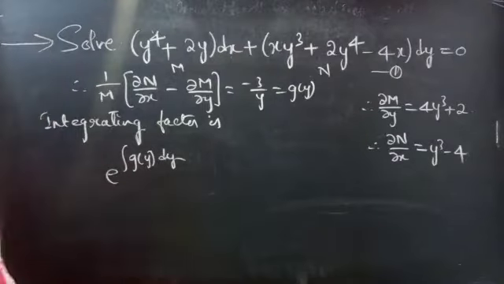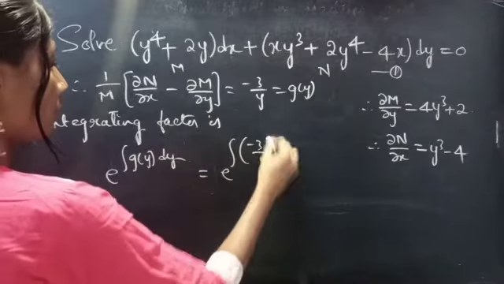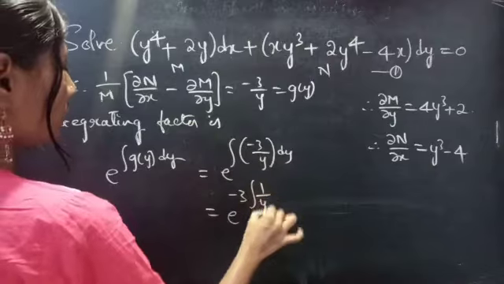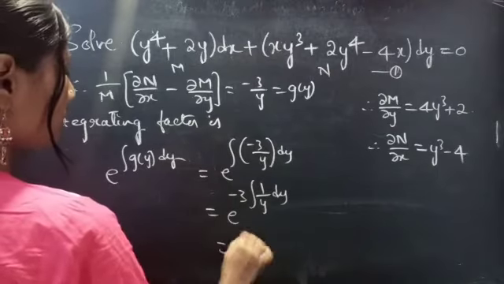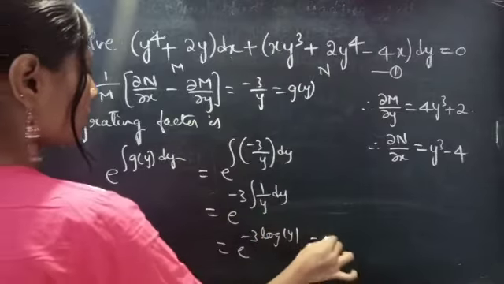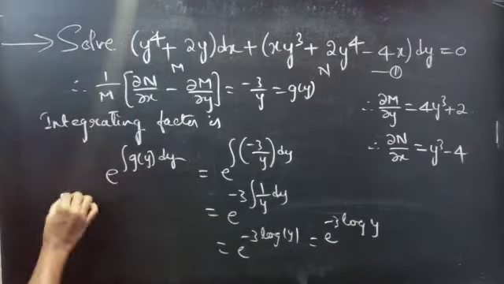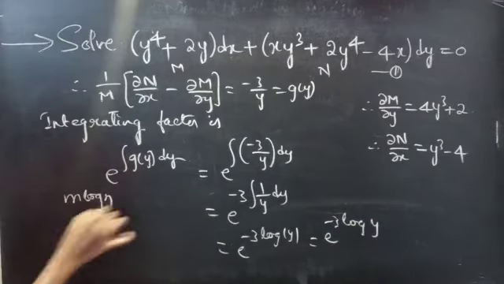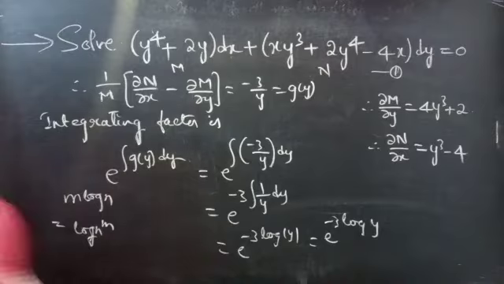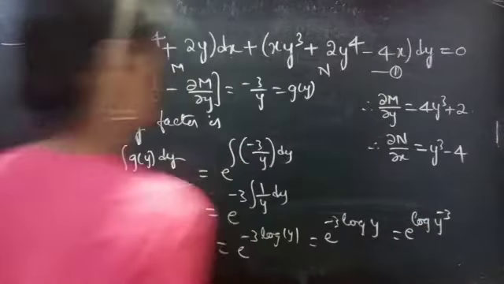This is equal to e power integral of minus 3 by y into dy, which equals e power minus 3 into integral 1 by y dy. The integral of 1 by y is log mod y, so this equals e power minus 3 log y. We know that m log n can be written as log n power m, so this is e power log y power minus 3.